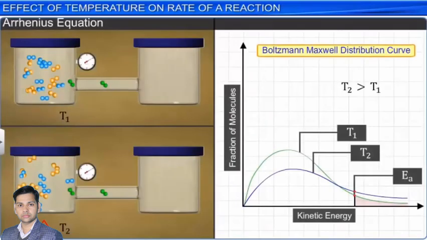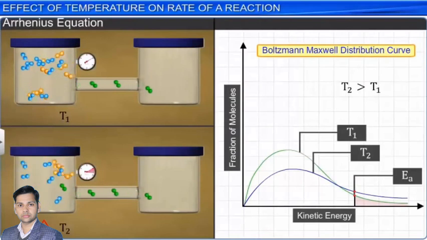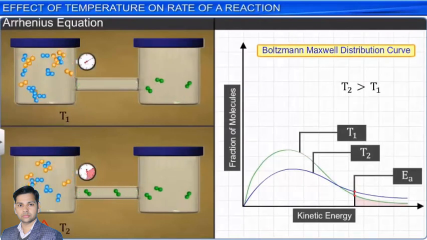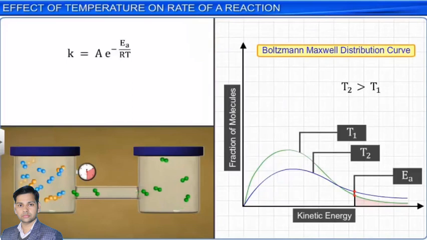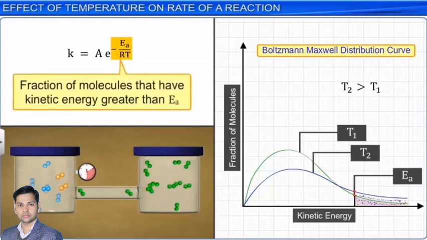Thus, the rate of reaction increases with temperature. In the Arrhenius equation, the factor e to the power minus EA by RT corresponds to the fraction of molecules that have kinetic energy greater than EA.